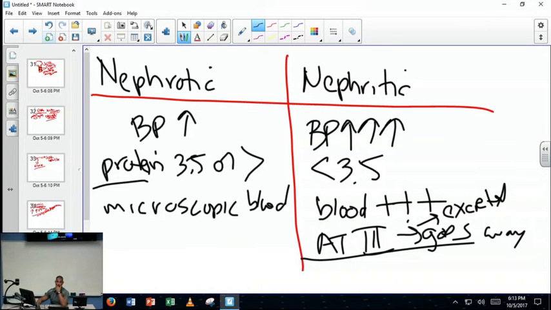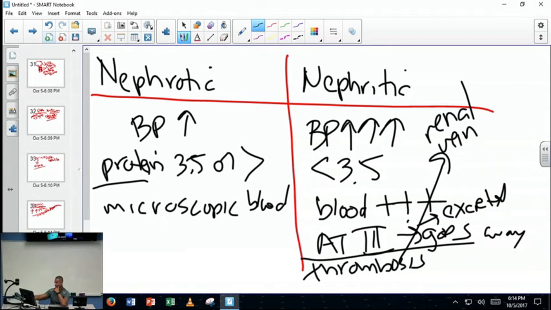So what's going to lead you over into thrombosis? In nephritic syndrome, you get thrombosis. And one of the most common places is renal vein thrombosis. Why is that? Because you're losing antithrombin 3, protein S, protein C, all of these proteins which help to counteract the clotting cascade. You're losing them in your urine.